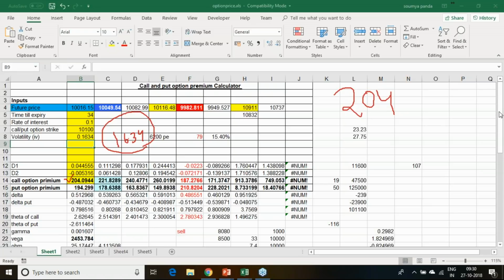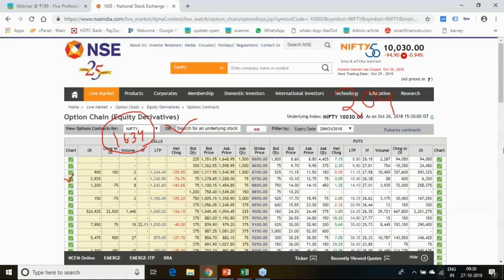So this is how the trader wants to give only 16% volatility to this particular strike, 10,100. In other words, the traders buying the Nifty at 10,100 are ready to give a volatility of only 16.34%. However, what is the actual volatility of Nifty?